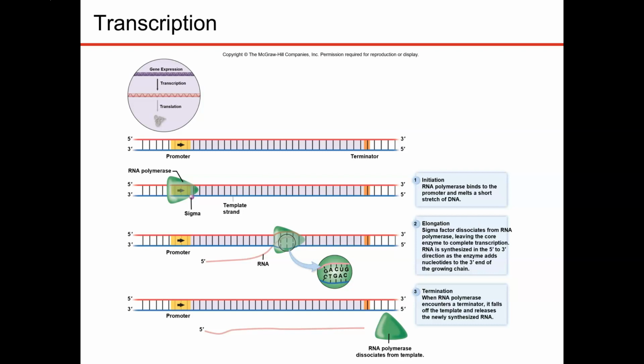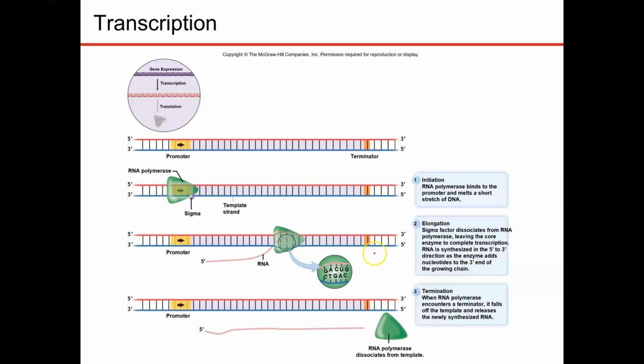And so here is transcription. We have this promoter site, that's where RNA polymerase binds. You can see that right here. RNA polymerase binds, and as RNA polymerase moves along the DNA strand, an RNA molecule is produced that is going to be identical to the coding strand of the DNA.